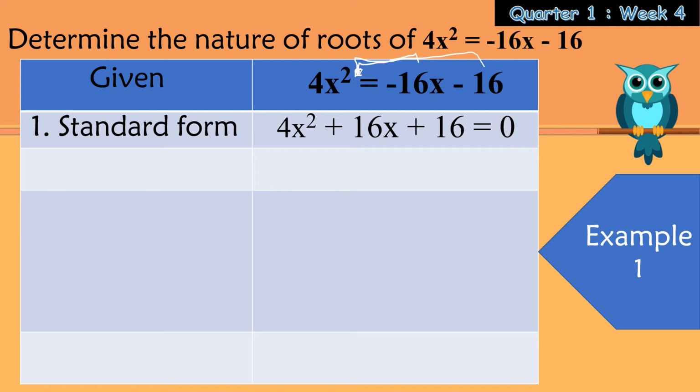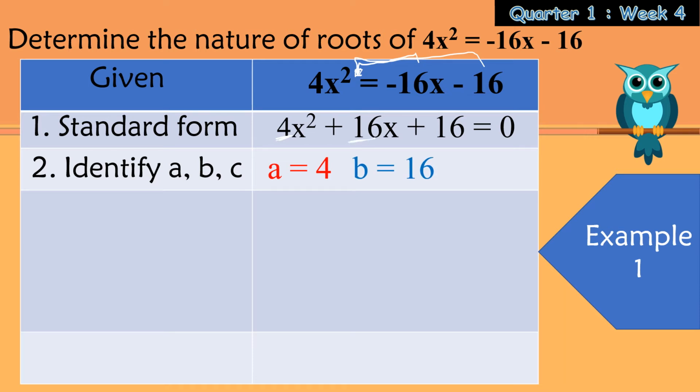Since we already wrote the given quadratic equation in its standard form, we can now identify the values of a, b, and c. The value of a here is positive 4. The value of b is positive 16. And the value of c is also positive 16.